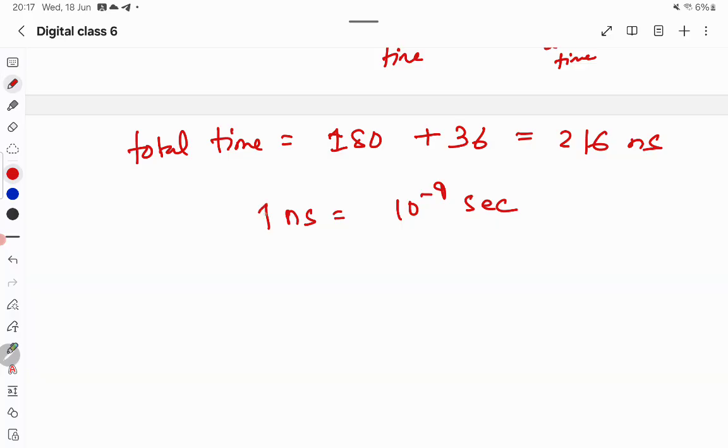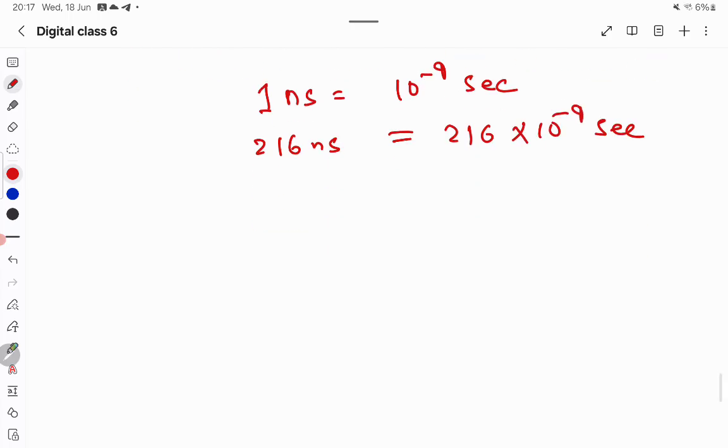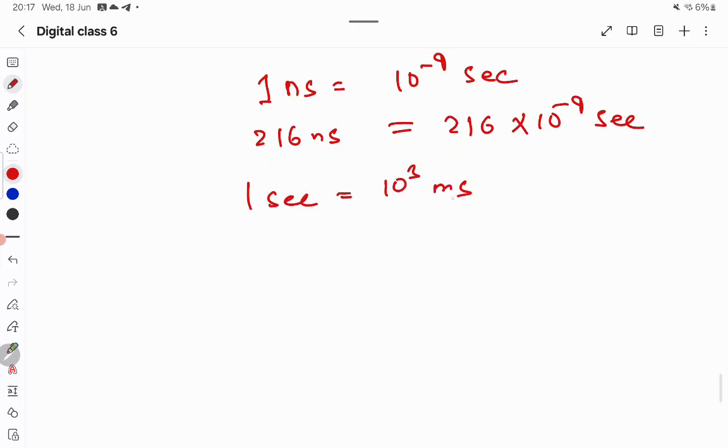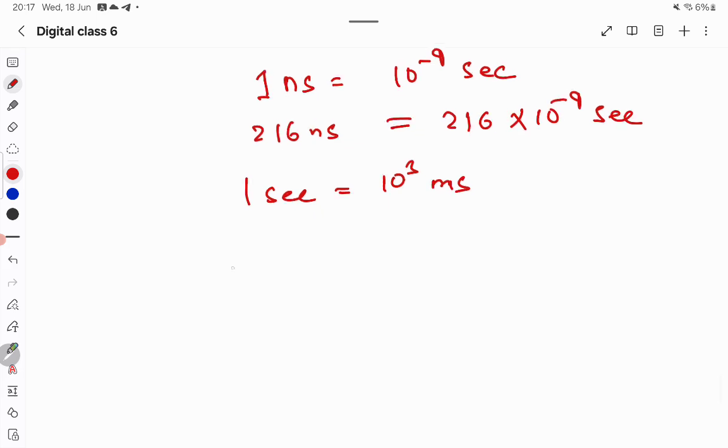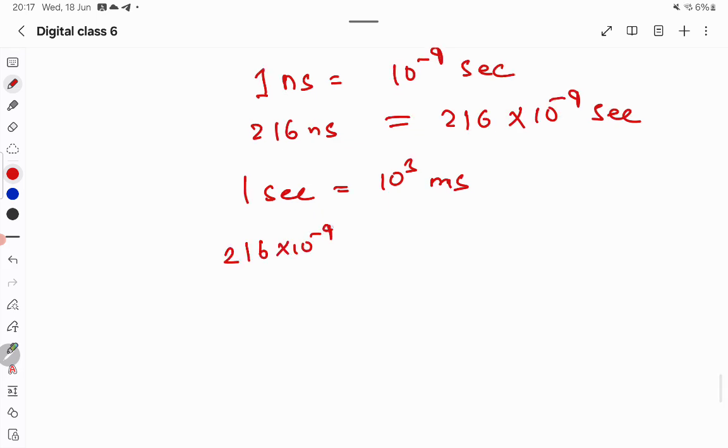So 216 nanoseconds equals 216 into 10 to the power minus 9 seconds. 1 second equals 10 to the power 3 milliseconds. So 216 into 10 to the power minus 9 seconds equals 216 into 10 to the power minus 9 into 10 to the power 3 milliseconds.